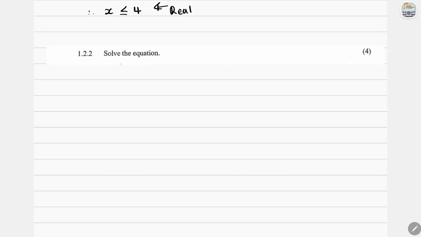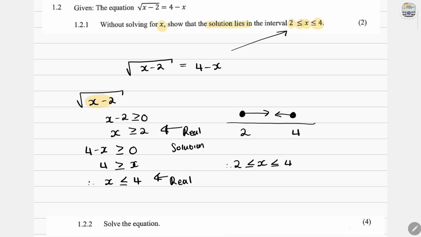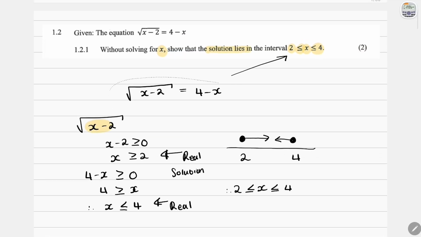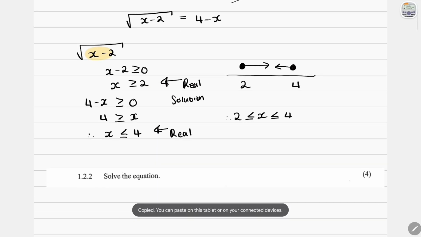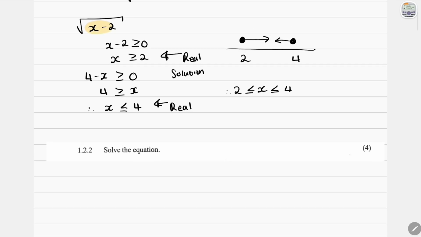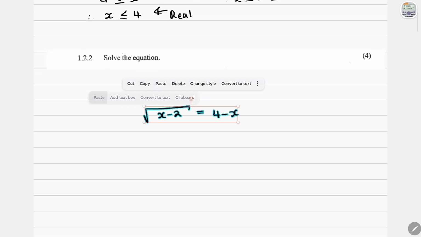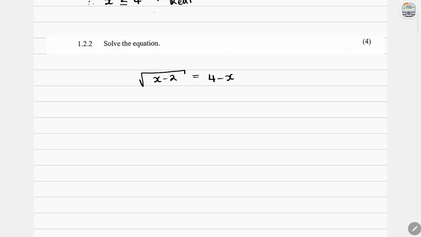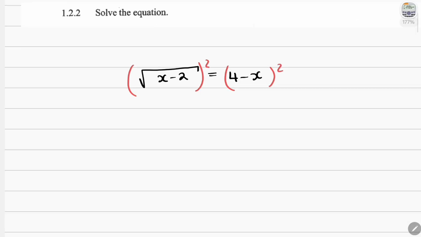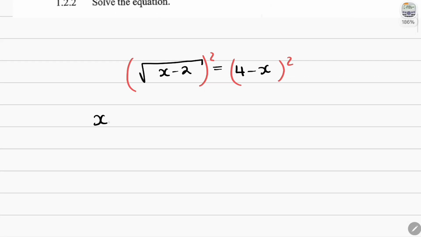Question 1.2.2 says, solve the equation. Okay, so now we can go ahead and solve this equation and find out what exactly is our x value. Here's our equation, and we can go ahead and square both hand sides because the radical is already isolated here. So square this side and square that side, and now that radical breaks open and we have x minus 2 is equal to, square the first term, that is 16, square the last term, that is positive x squared.